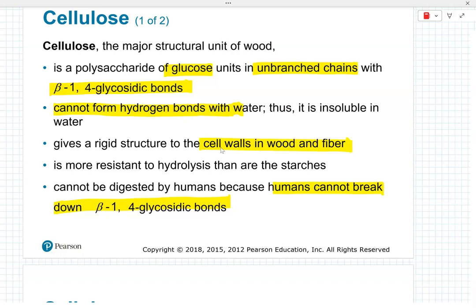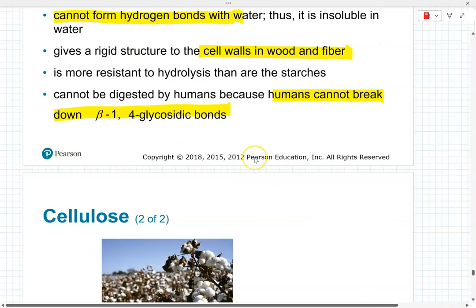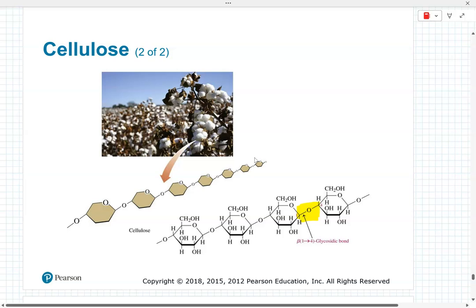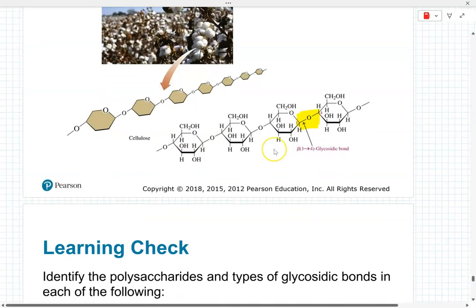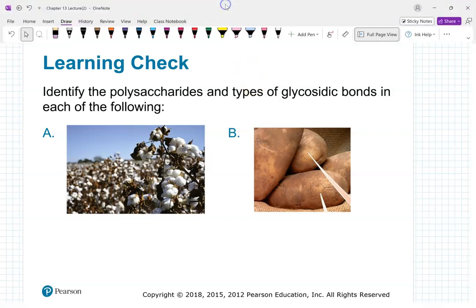It is not easy. Does that make sense? Good? And as far as I remember, cows even regurgitate the content because it has to be churned out. Okay? I mean, you can find cellulose everywhere, from wood to cotton to all the plants that you can think of. Okay? So, polysaccharides, let's identify them.